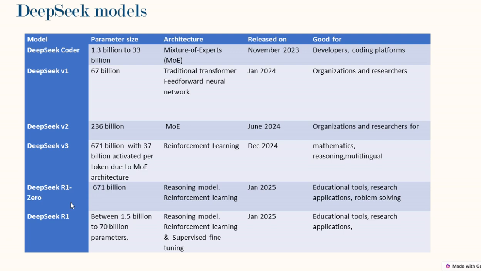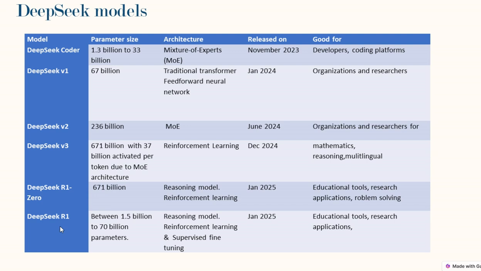Next came DeepSeek R1-Zero and then DeepSeek R1. R stands for reasoning, so R1-Zero and R1 are the first generation reasoning models. R1-Zero was trained on 671 billion parameters, whereas R1 was trained using anywhere between 1.5 billion to 70 billion parameters. Both of these are reasoning models based on reinforcement learning.